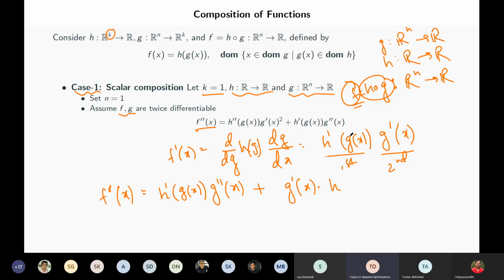The derivative of this function will be h double prime of g of x and then the derivative of g of x again. So there are two g prime of x, so you will get a square of this, and then h prime of g of x times g double prime of x. This term you will get, and then this term.